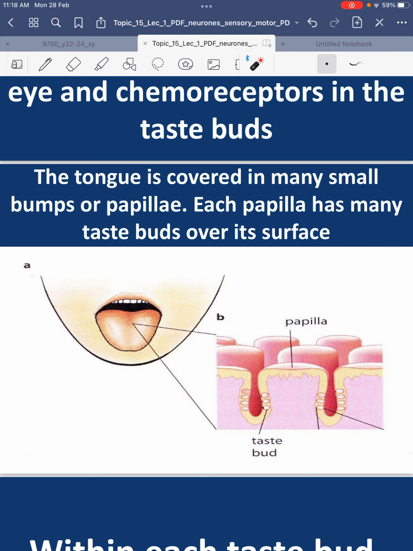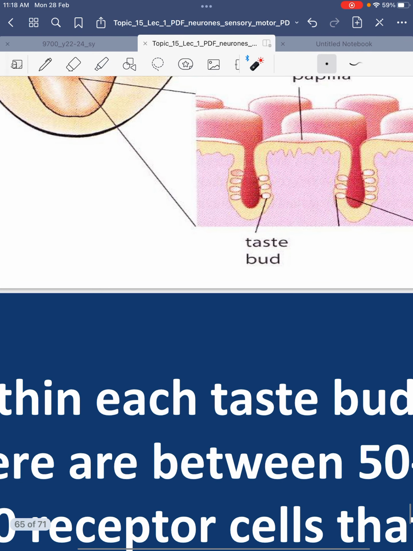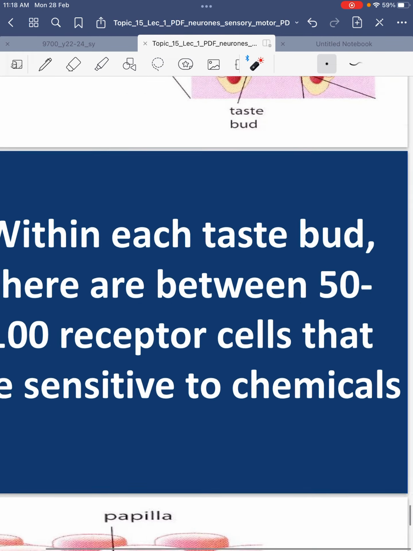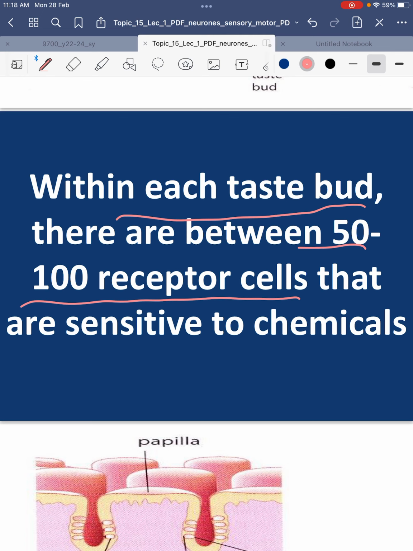Every taste has a very specific reaction. On our taste buds, there are specialized receptors. It says here within each taste bud, there are about 50 to 100 specialized receptors which are very sensitive to chemicals.